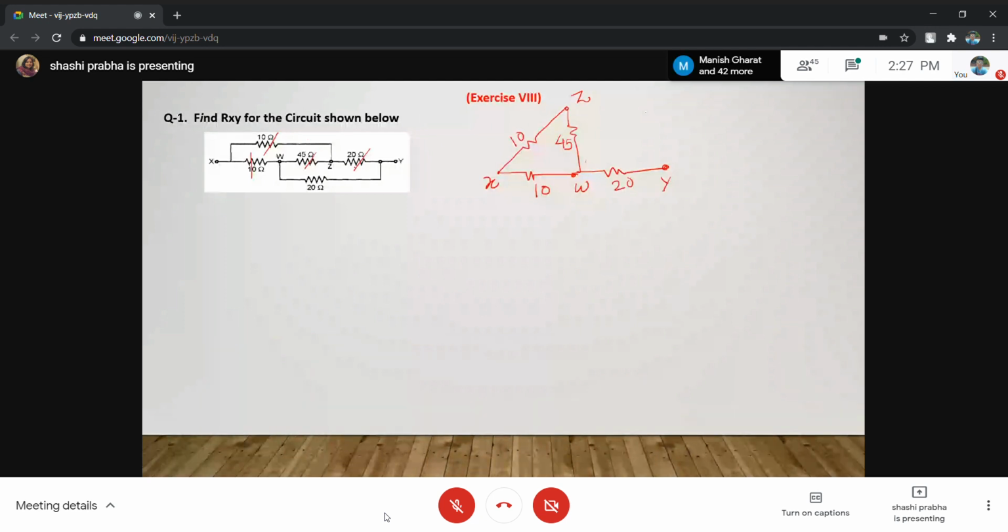This is, and this Y and Z. Find the resistance between X and Y. Now tell me, is it the same diagram which I have drawn, which looks like star or delta? Here we are not able to find out which is star and which is delta.